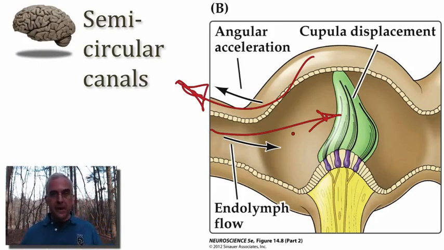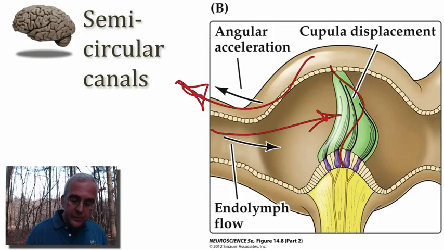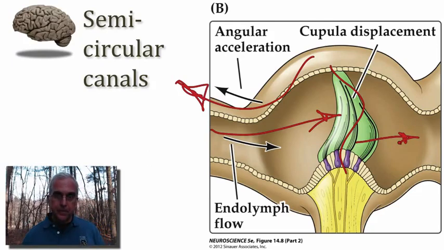The endolymph is staying more or less in the same place. That causes displacement of this cupula. And as you can see, this displacement is going to deflect the hair cells in this crista towards the longest stereocilium. That's going to lead to depolarization of all of the hair cells together in this one crista.